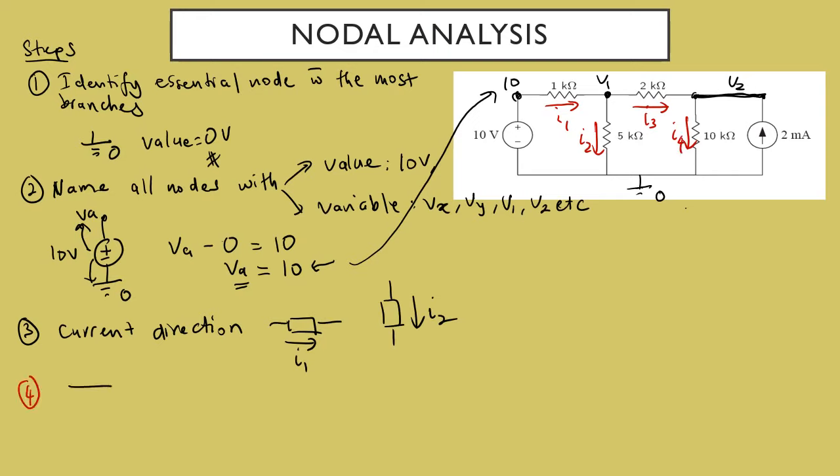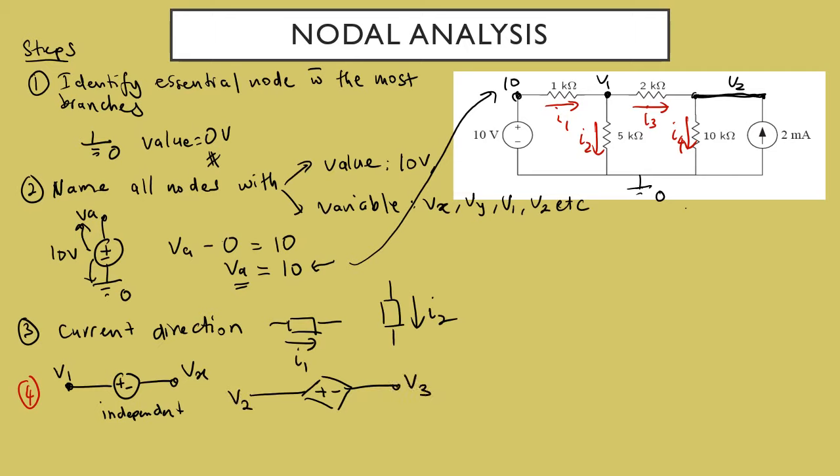So what is a supernode? Supernode is when you have a voltage source, whether this is an independent voltage source or dependent voltage source. As long as this is a voltage source, and this voltage source is in between 2 unknowns, like maybe V1, Vx, or V2, V3, and so on.